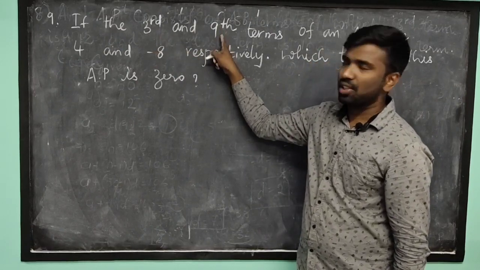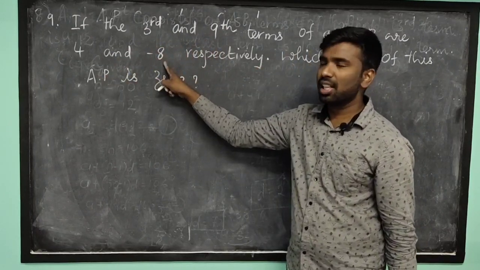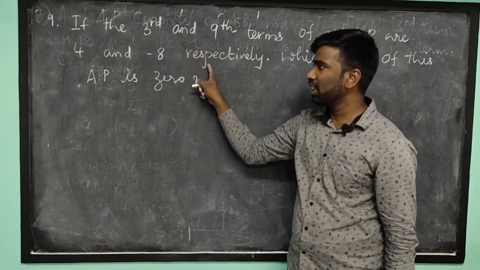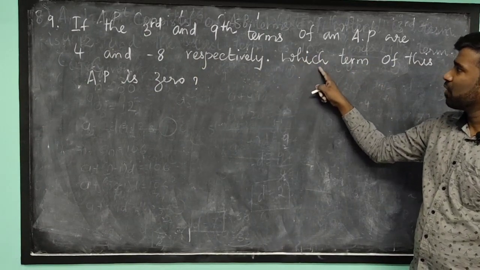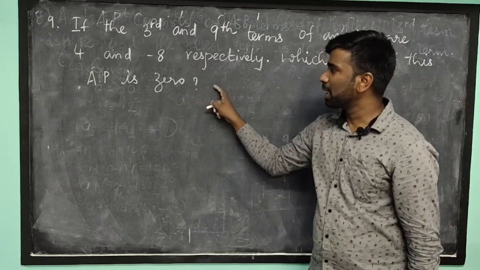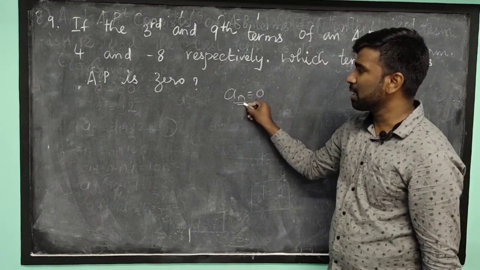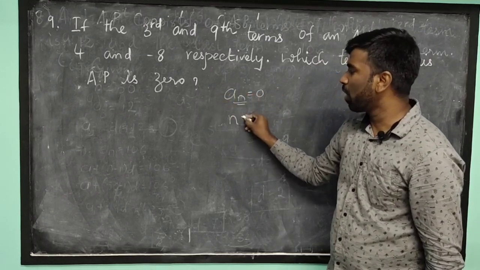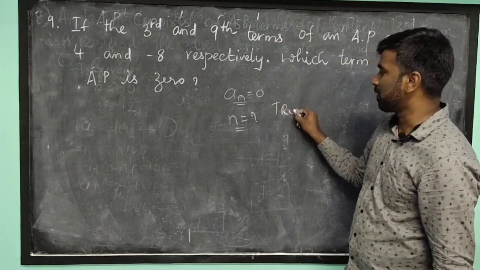Using these two equations, that is A3 equals 4 and A9 equals minus 8, find out the values of A and D. Now using those values of A and D, which term of the AP is 0? That becomes AN equals 0. Using this, we should find out the value of N. Try this yourself.